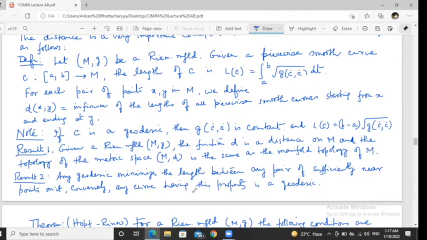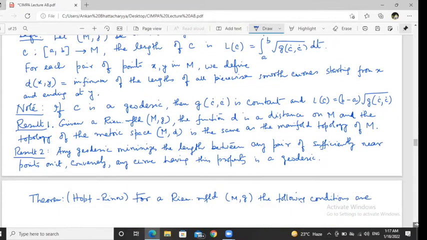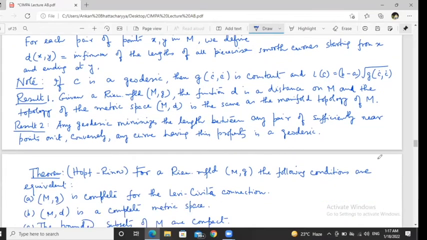Conversely, any curve having this property is a geodesic. So these are some basic results. You can find them in Besse's book, Einstein Manifolds.